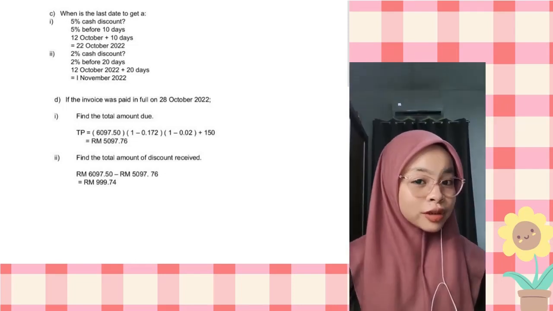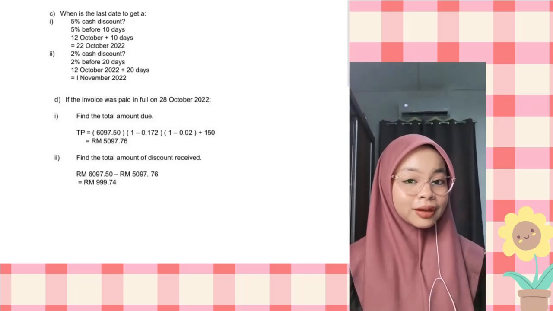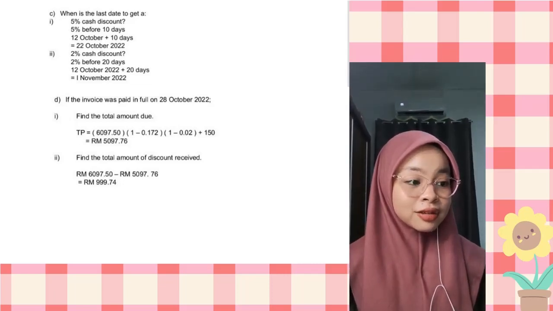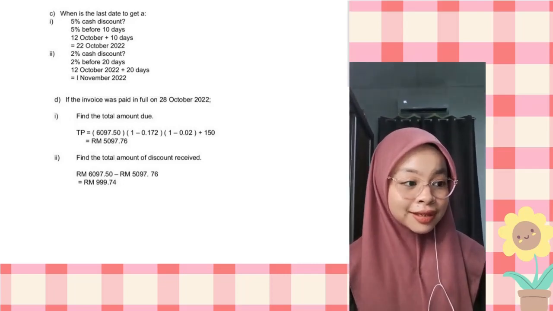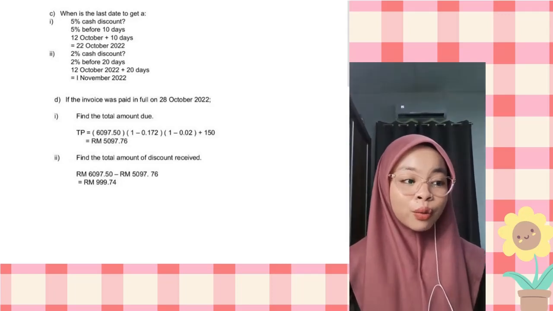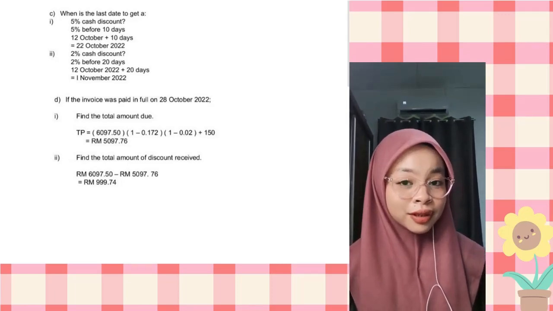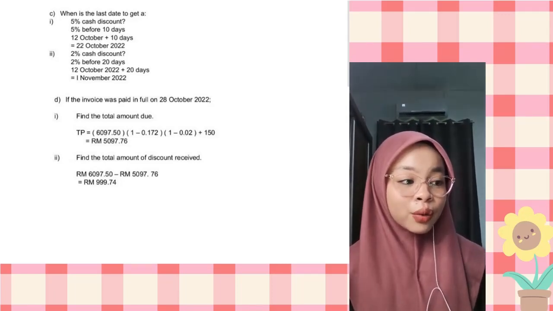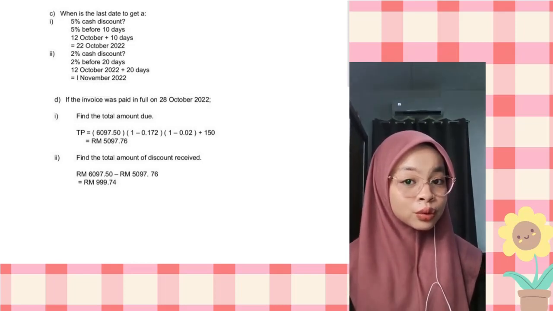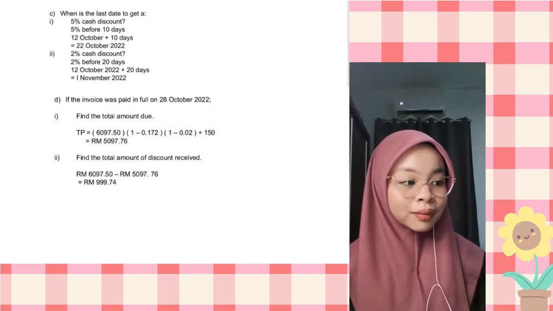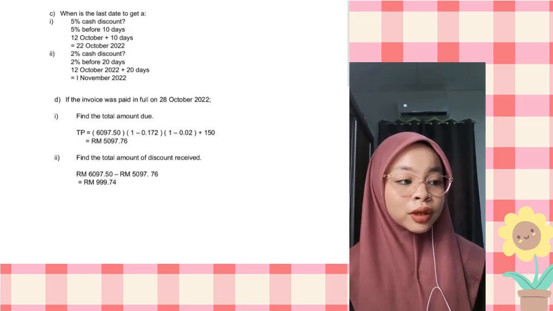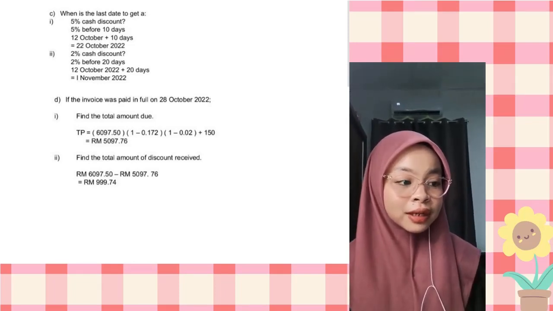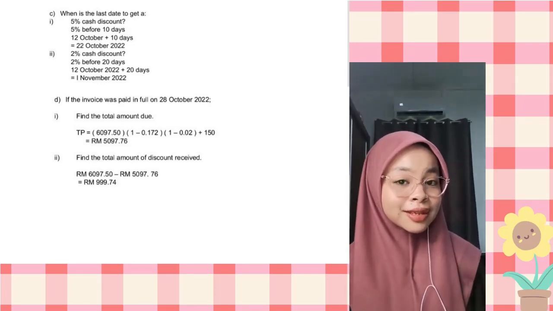For the answer to question D1, to find the total amount due, TP equals, in a bracket, 6,097 ringgit 50 cents, in a bracket, 1 minus 0.172, in a bracket, 1 minus 0.02, plus 150, and you will get the answer, 5,097 ringgit 76 cents.